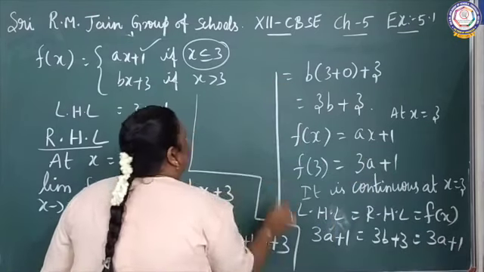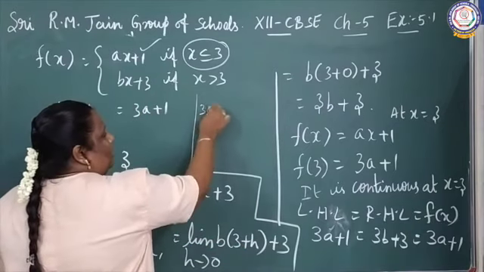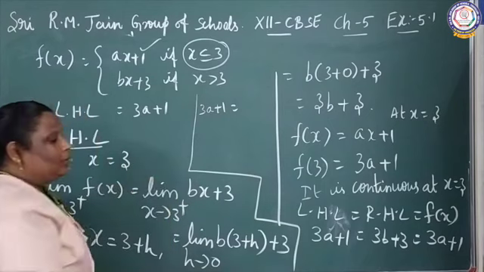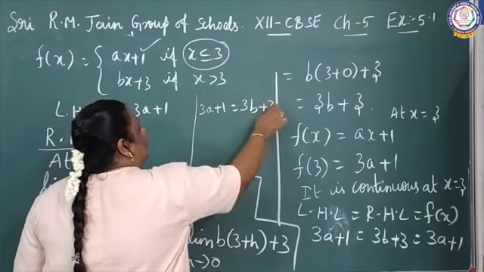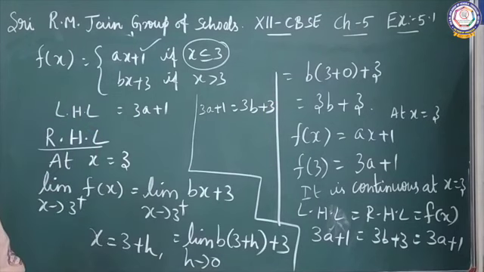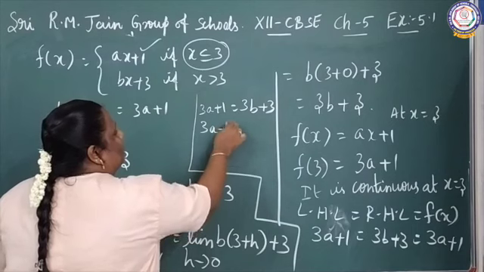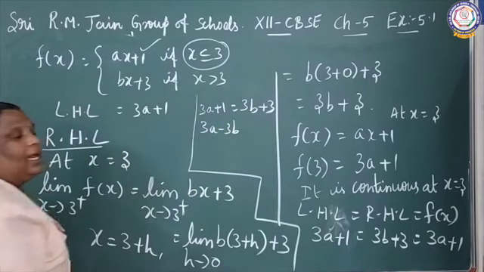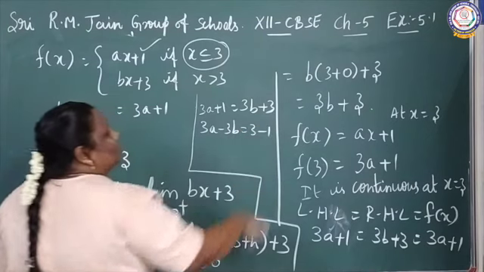Now you can equate 3a plus 1 equal to 3b plus 3. So 3a minus 3b equal to 3 minus 1.